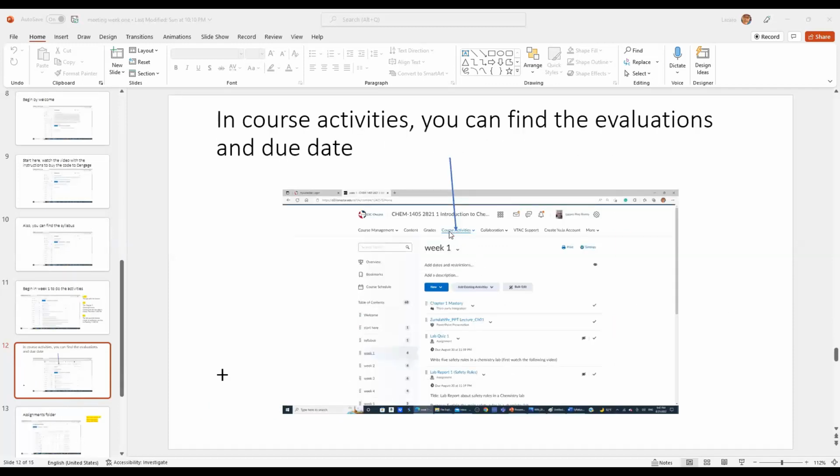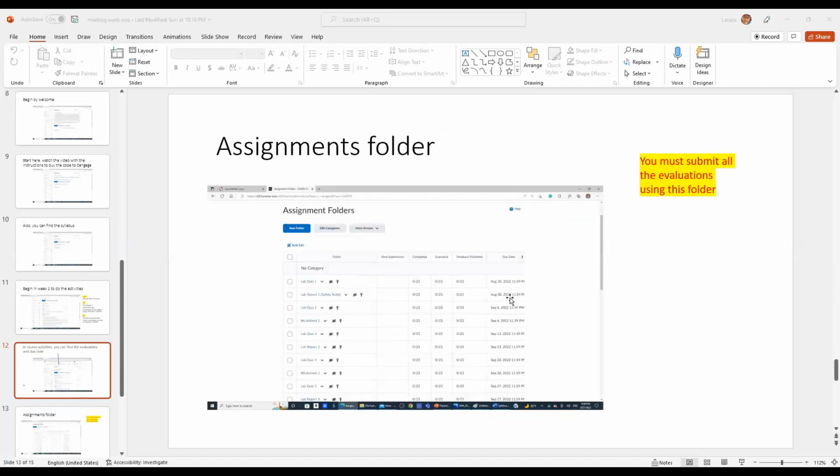If you go to course activities, you will find all the activities, the dates, and you will find the feedback here. You must submit all your evaluations here. If you open one of them, you will see that I give you instructions about how to do the activities.